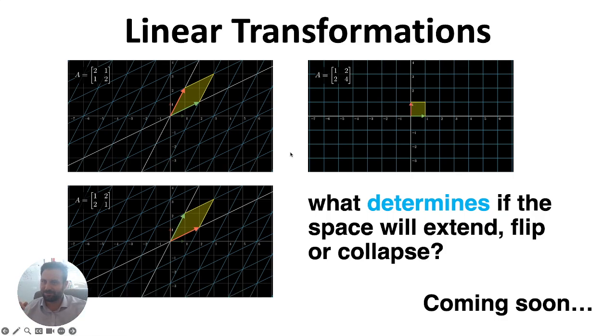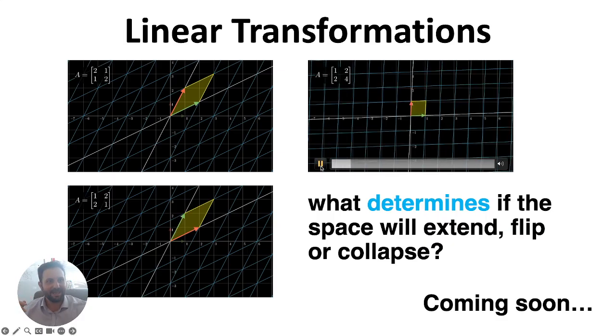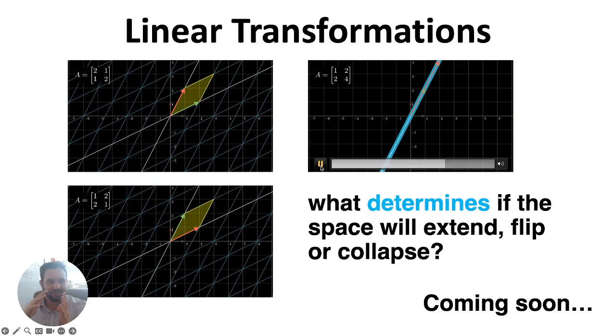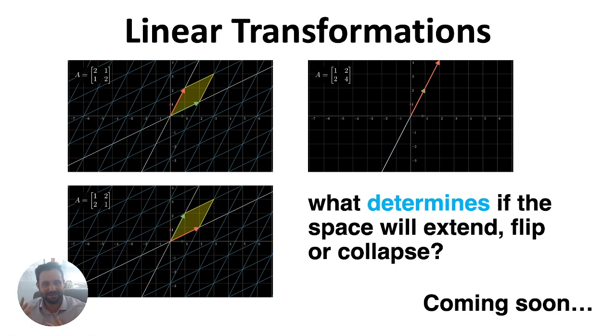And let's take this matrix 1 2 2 4. When it takes the input, it just collapses all of them onto a line. In this example, of course, we're starting from two-dimensional space and ending up in a line, but sometimes we can start from a very high-dimensional space and collapse some of it to some lower dimensional space.